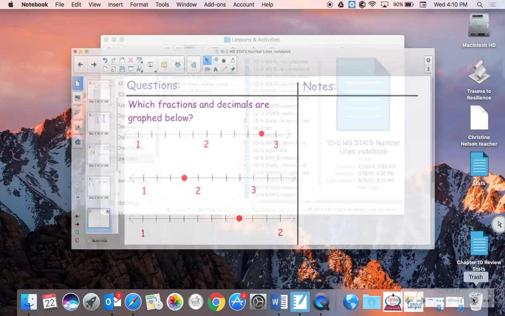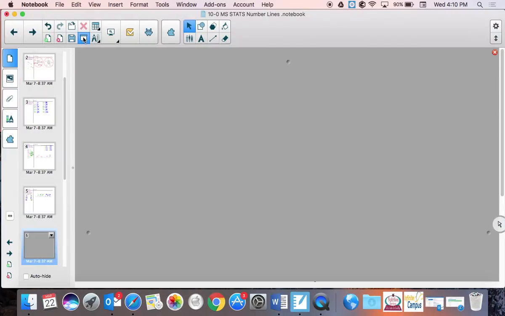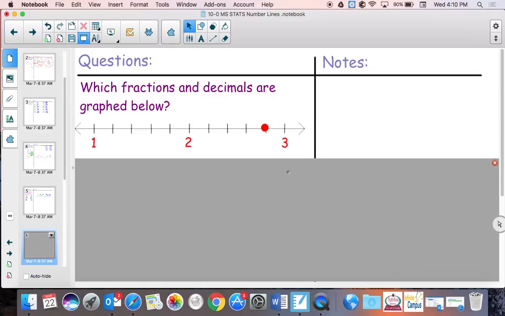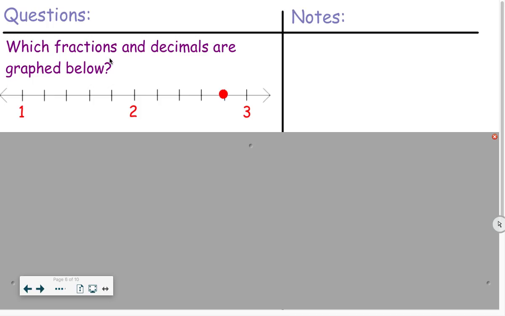All right, I'm going to add a screen to this one before we do this. So you are going to need to write down the directions, which fractions and decimals are graphed below. Then you are going to make yourselves a number line. Your number line is going to have the numbers 1, 2, and 3 on it.